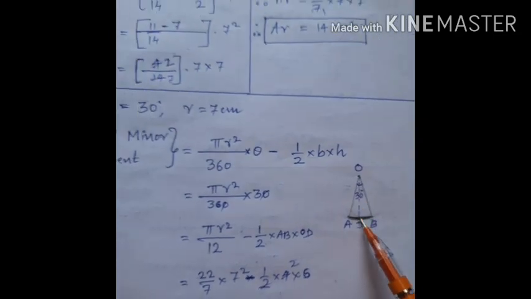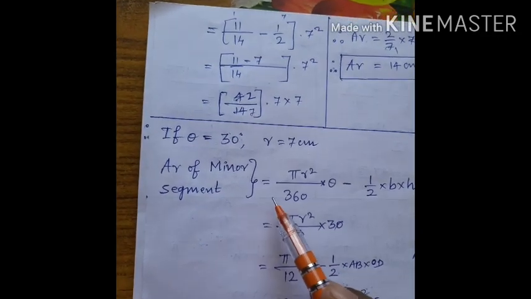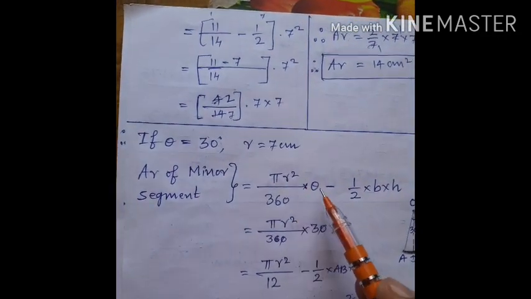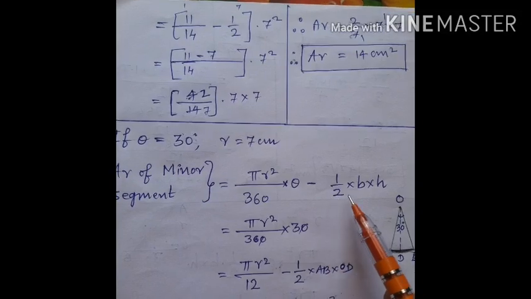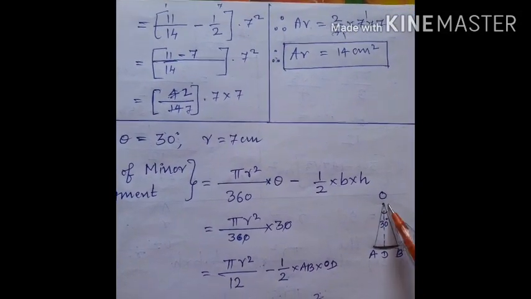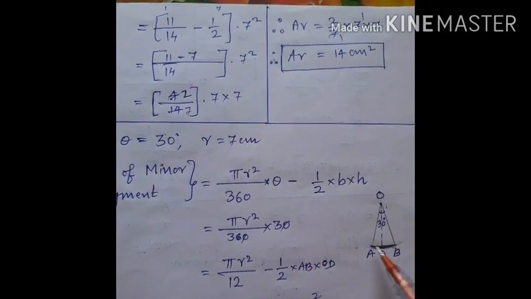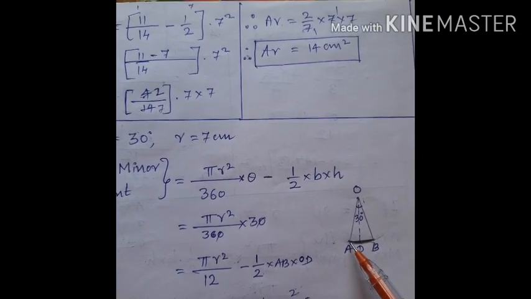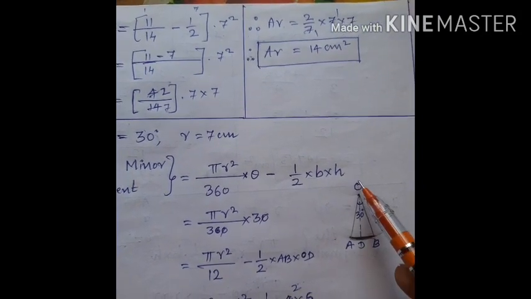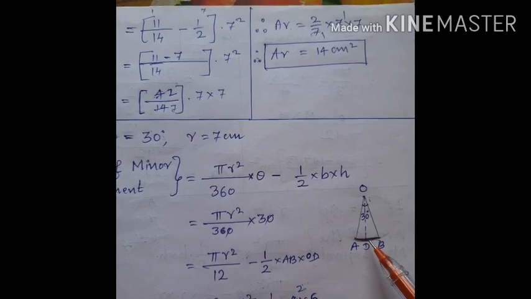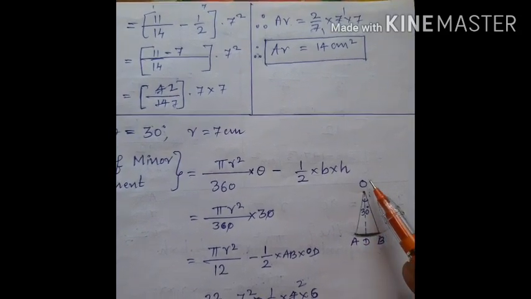So the area of the minor segment is equal to pi r square by 360 into theta minus area of this triangle AOB or OAB. If you take AB as base, then you have to take OD as height. Therefore, half into base into height.